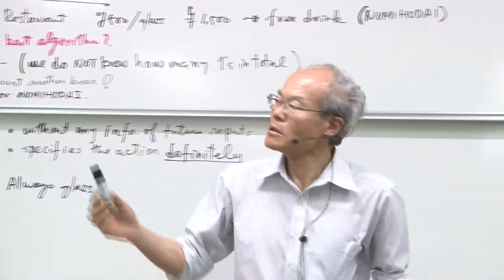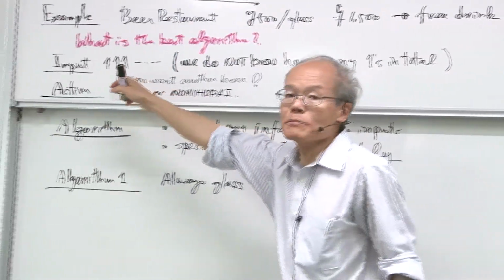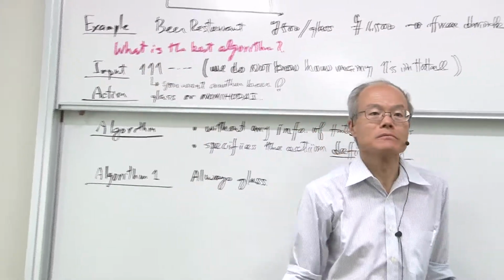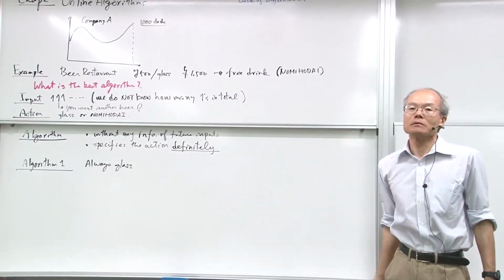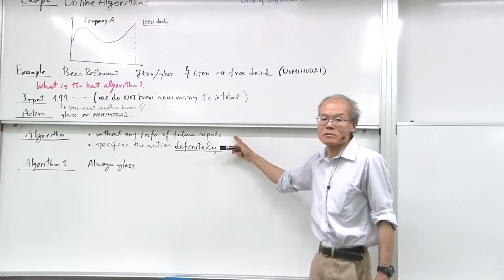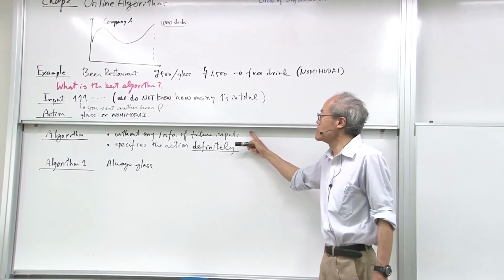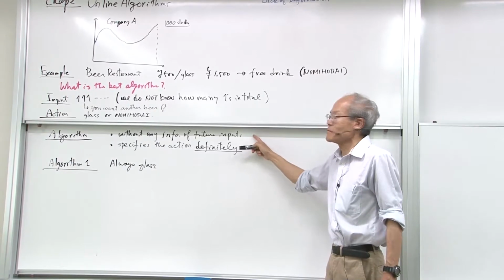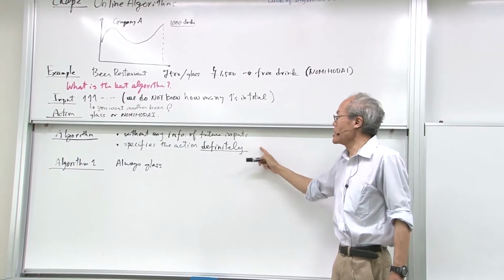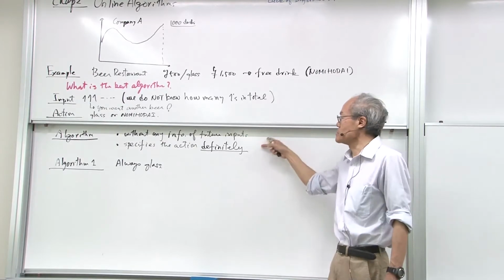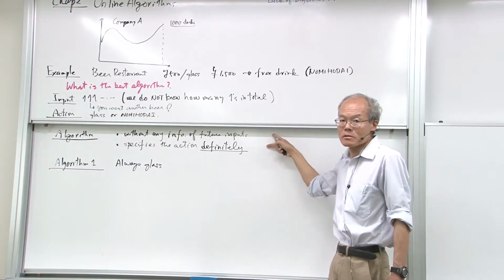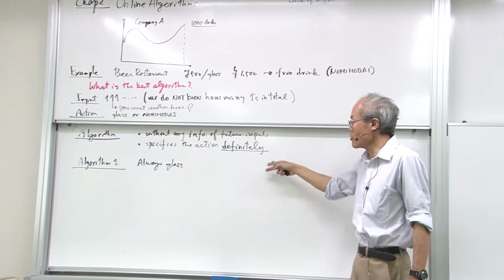That means whenever you get input 1, you order a glass. Always order by glass. This satisfies the 2 requirements: without any information of future inputs, and definite action. Okay, no problem.